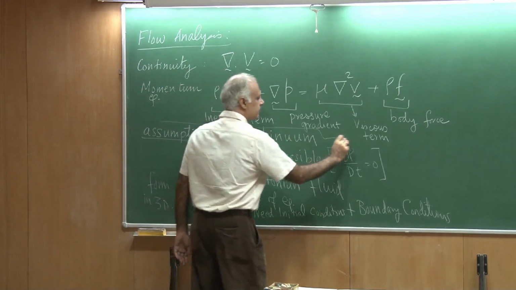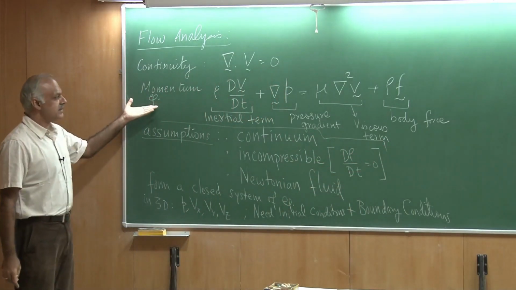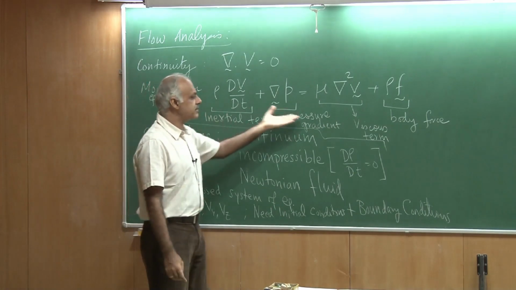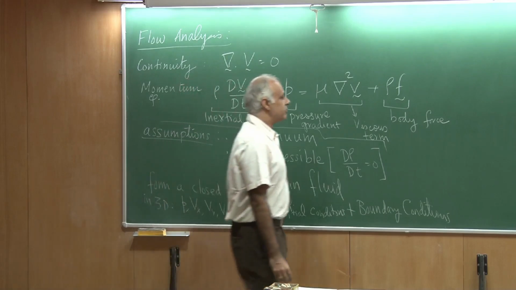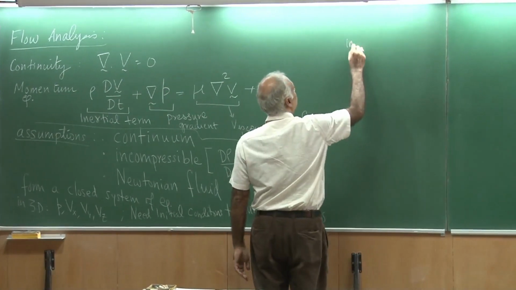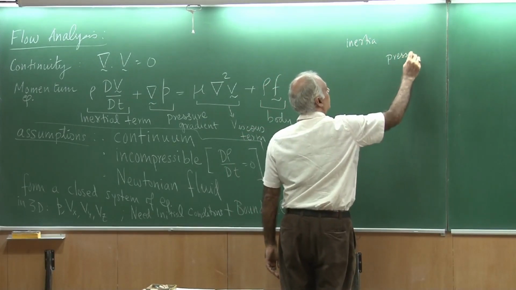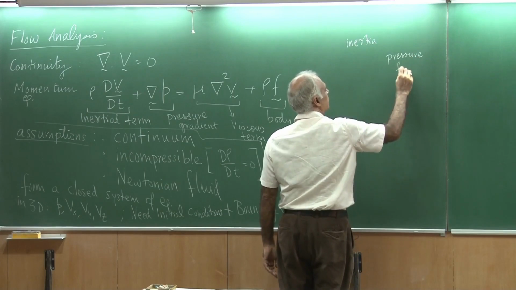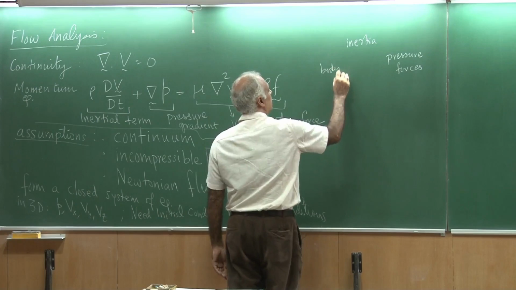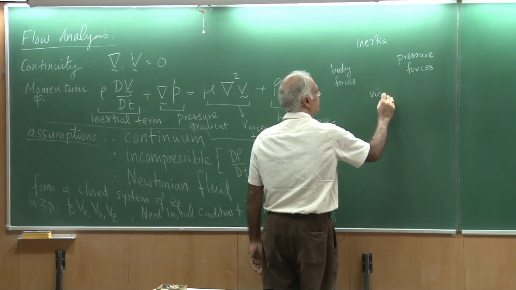So what we are able to see is that the momentum equation is a fine balance between these four processes in play. So if you look at the dynamics of a fluid element, we are talking about inertia, we are talking about pressure forces, we are talking about body forces, and we are talking about viscous forces.